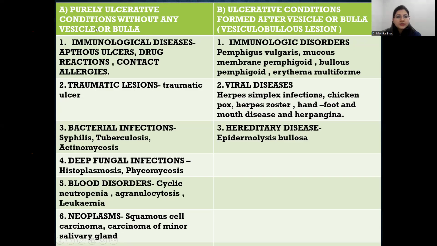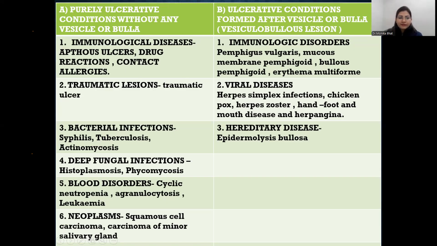That is purely ulcerative conditions without any vesicle or bullae formation. If the lesion occurs without bullae formation, then it is a case of purely ulcerative lesions, where we have immunological diseases like aphthous ulcers, drug reactions, contact allergies, and traumatic lesions, where we have the traumatic ulcer.